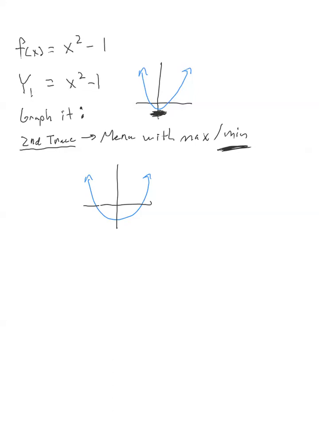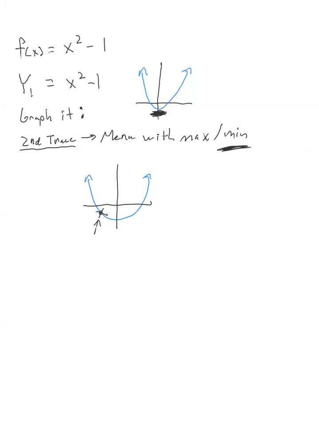Then it is going to have a dot, like an X thing, that you move along the graph. You can hit the left and right arrows to move this dot along the graph.